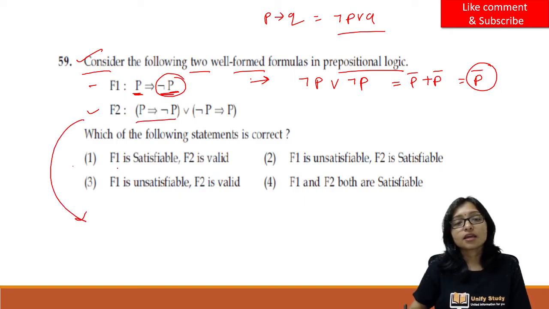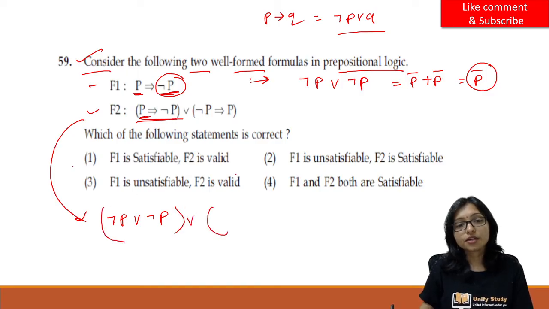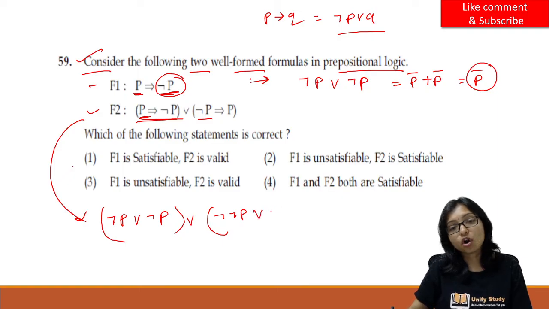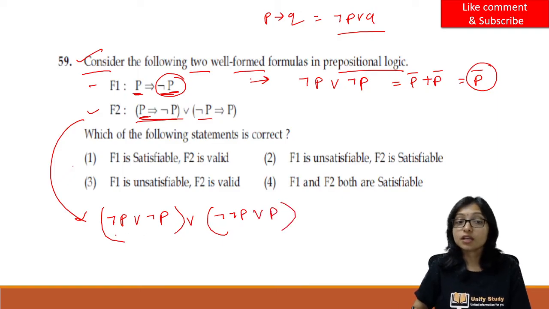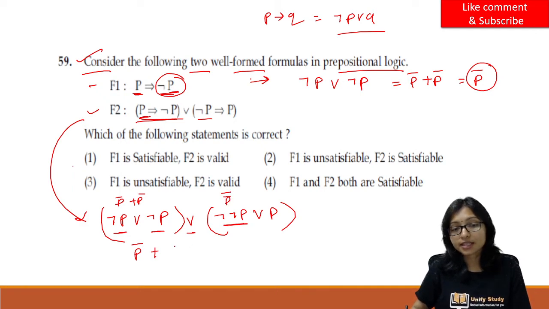Next one, how to solve this one? P implies P bar. So it will be not P or again not P, because it is my P and it is my Q. Here is or, then not P or P. Now P bar plus P bar is actually P bar. Or means plus, and the double negation, P double bar, is P actually.